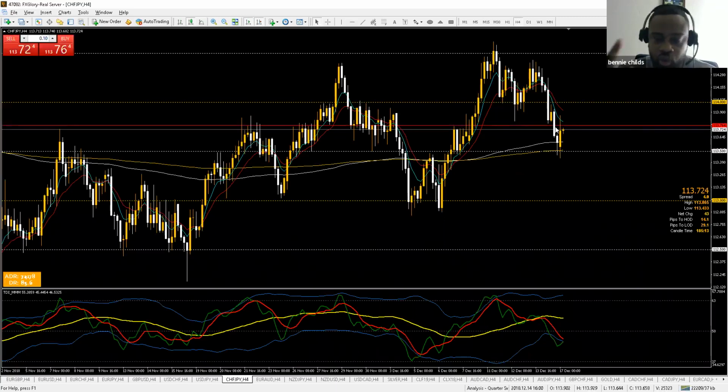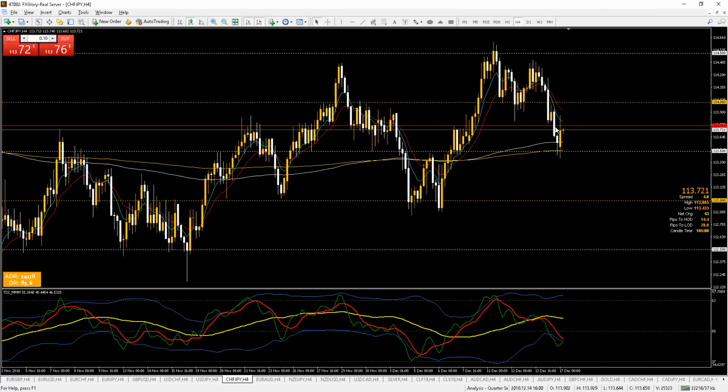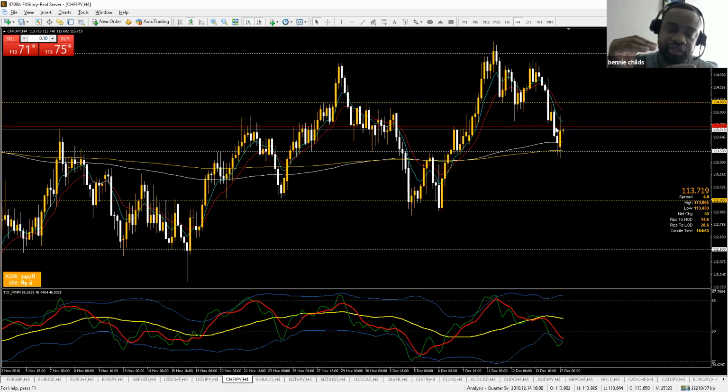So instead of opening up one trade for $10 and putting a 10 pip trailing stop, I'm going to put in two trades for $5 and put in a 5 pip trailing stop on both of those. Then all the market has to do is move 5 pips, and I've made the same amount of money as if the market had moved 10 pips for one trade, but it had to go a shorter distance, and it's more in my favor for the market to go a shorter distance.